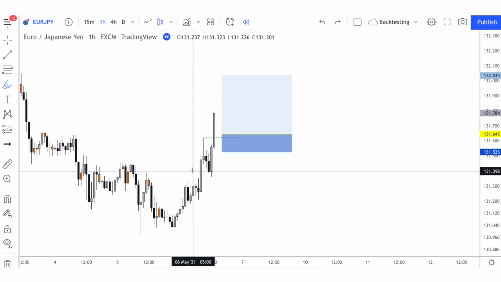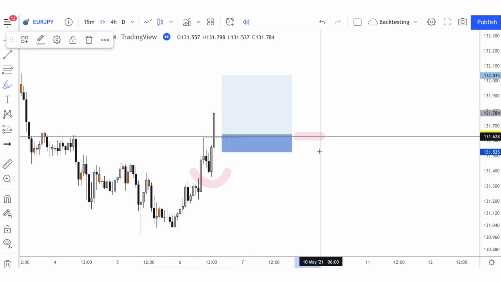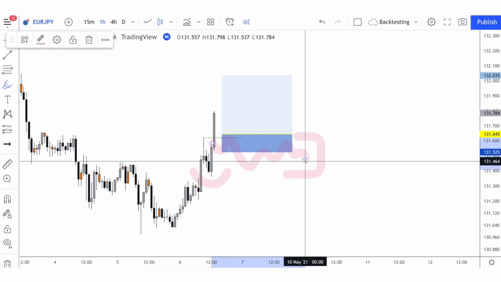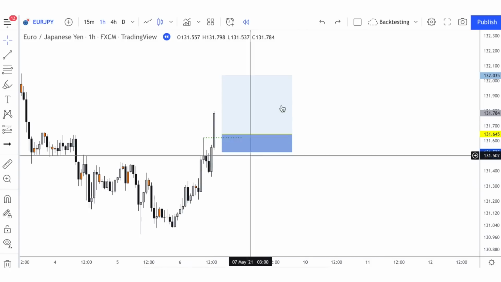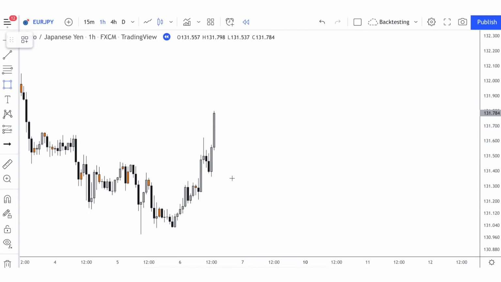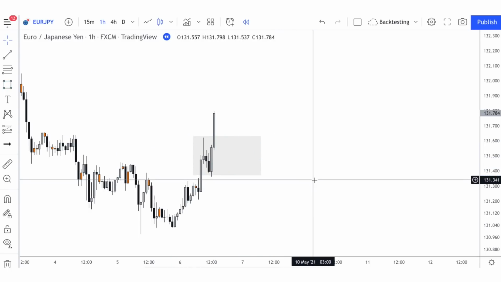But the fact that the structural low and all this space, we could likely be taken out, and therefore I'm not gonna set an entry, but I do wanna box off this area because it is an interesting area to look at.